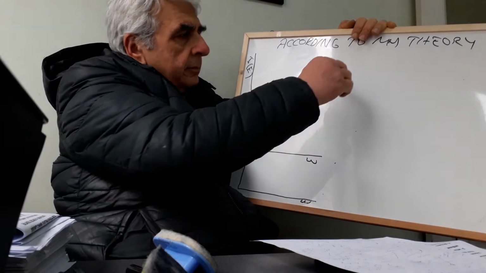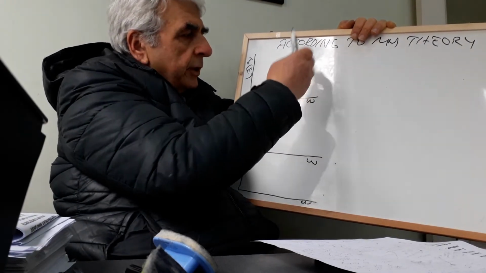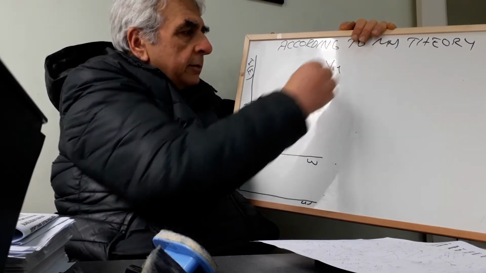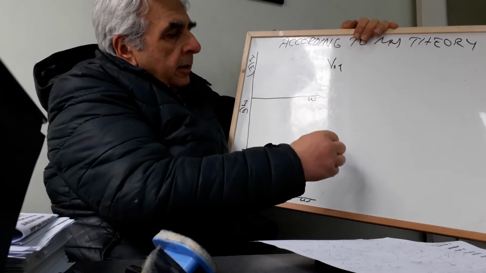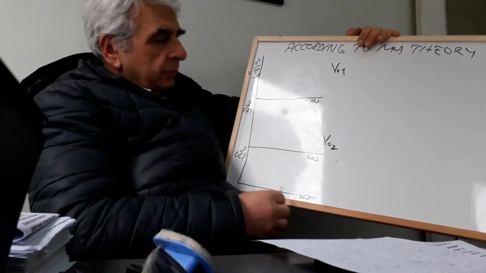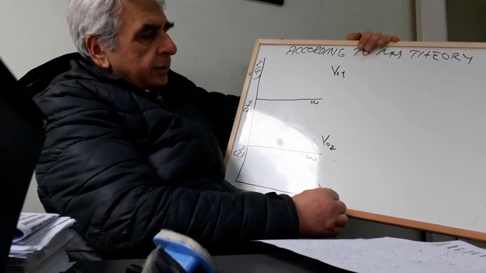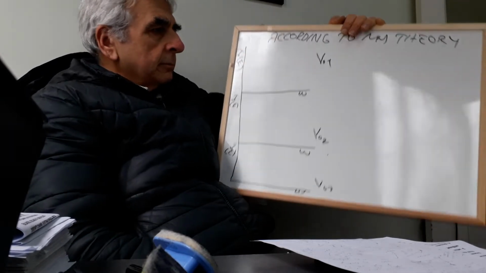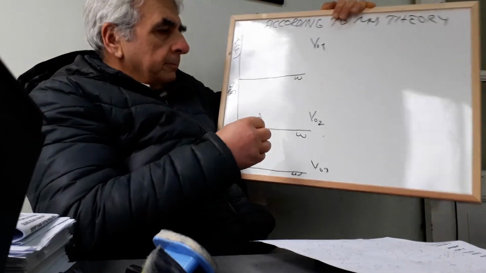We say electric potential for the first graph, voltage 1. For the second one, voltage 2. For the third one, voltage 3.